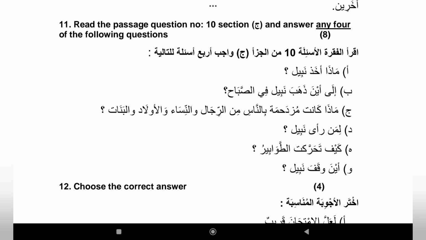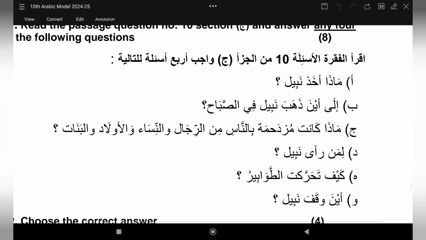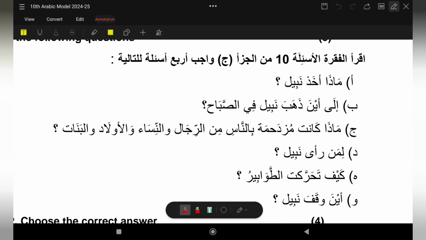Like ماذا, what, إلى أين, where, ماذا كانت, what was, لمن, whom, كيف, how, أين, where. Okay. So how to answer this question? The method is ماذا أخذ نبيل.